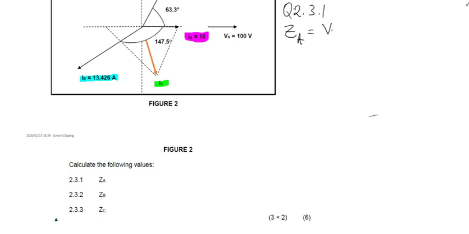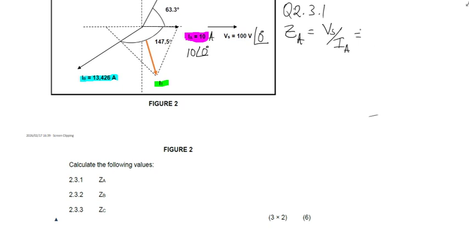Typically ZA is given as the voltage divided by the current. So the voltage divided by the current, where IA is 10 amps. And remember, it's horizontal about the x-axis. So that means the angle theta is at 0 degrees. So we have 10 at 0 degrees, and then the supply is also at 0 degrees.